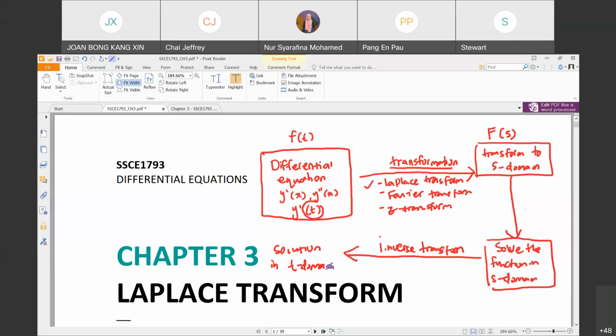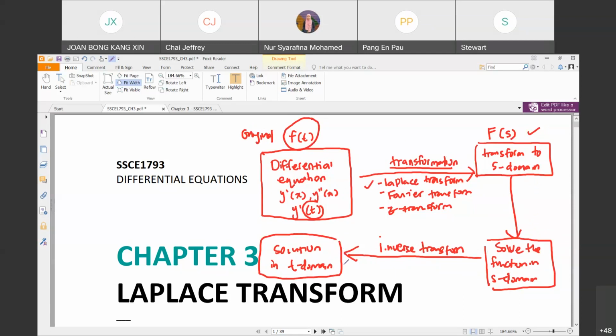So our original problem is in T domain. Remember, this is our original. Originally, it is in terms of T. After we transform, we have it in terms of S. Now, this is the transformed version. Then what you need to do is to solve that function in S domain. And then you apply again the inverse transform to get the solution in T domain.